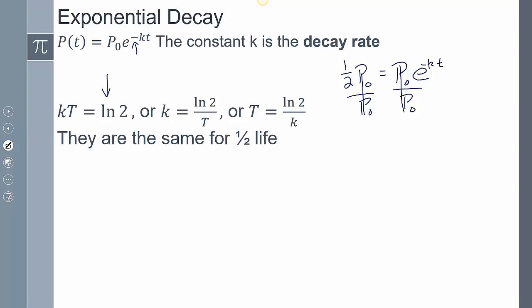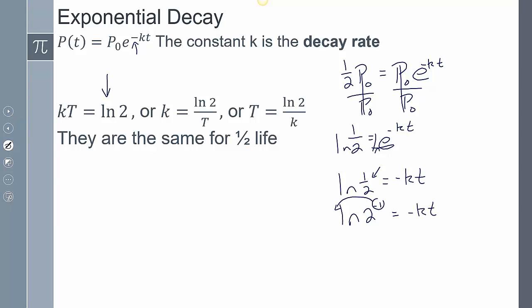So once again, I can cancel out my P sub 0, or my initial population, and so I get 1/2 equals e to the negative kt. Take that ln to cancel out the e's, and so I get ln of 1/2 equals negative kt. Now I can manipulate this, so I can have ln of 2 to the negative 1 equals negative kt.